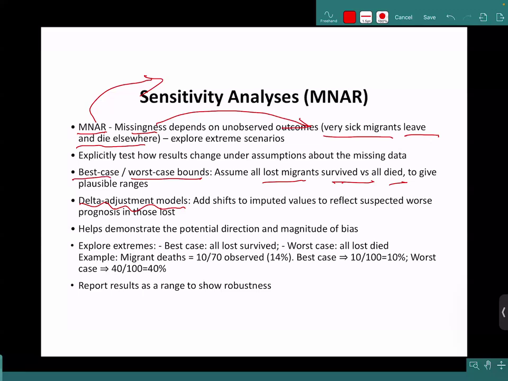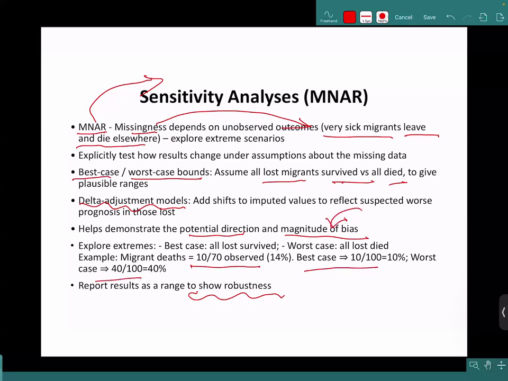So this helps you to demonstrate that, irrespective of what I have done, my estimates remain more or less the same. So they are robust. So you can show your robustness by doing sensitivity analysis. But if the values change, then it could hint at bias. There is an issue, and there is a bias in your study.